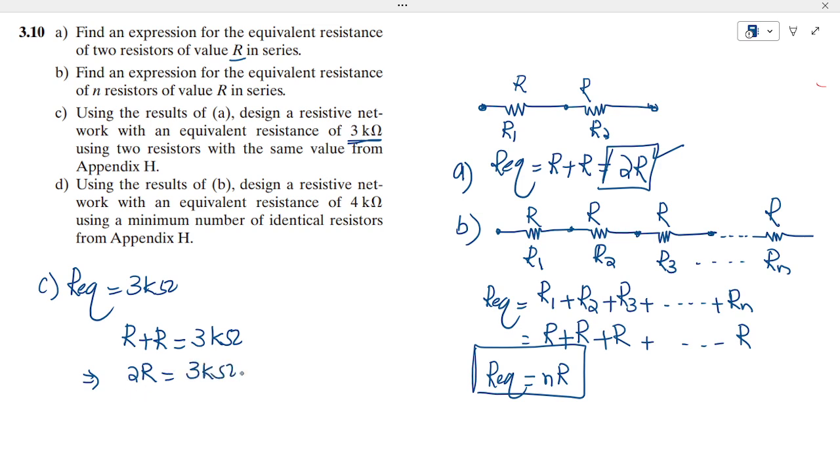So dividing both sides by 2, what will be the value of R? The value of R would be 1.5 kilo ohm, and that is basically the solution of it.